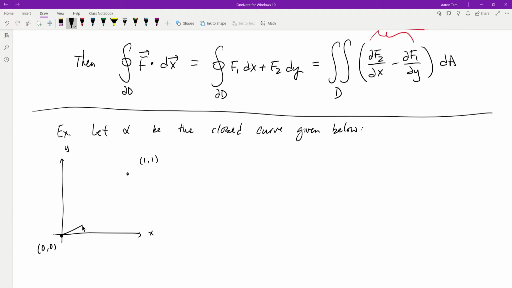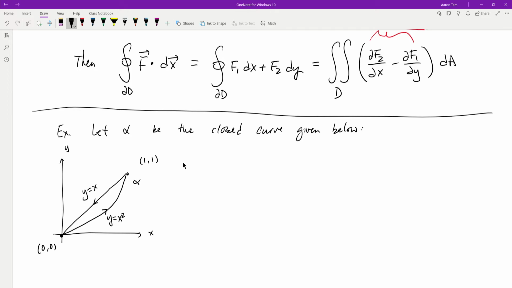Alpha travels along the curve y equals x squared to go from 0, 0 to 1, 1, and then travels back to 0, 0 through the straight line y equals x. So alpha is this loop that goes around from 0, 0 to 1, 1, then back to 0, 0.